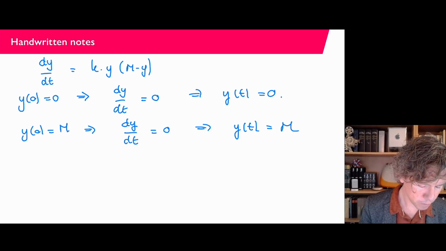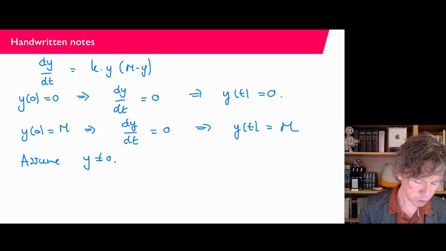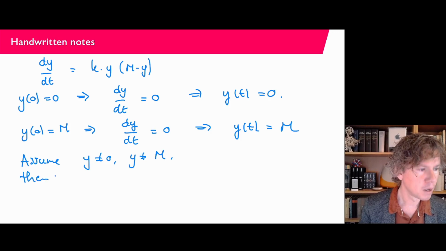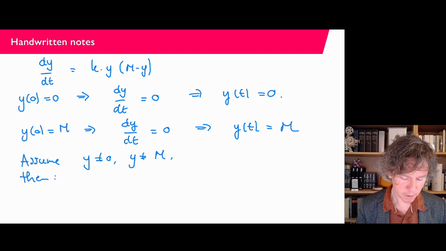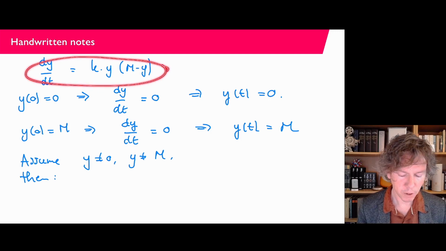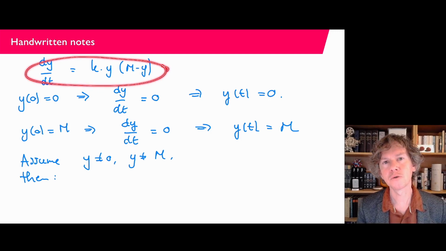Now let us assume y unequal 0, y unequal capital M. Then what we find is that, so I have this differential equation, and now I'm going to divide both sides of the equation by y times m minus y.